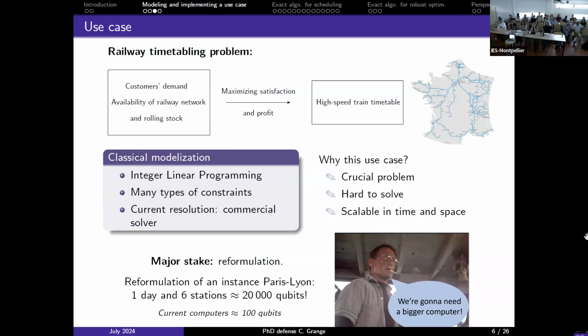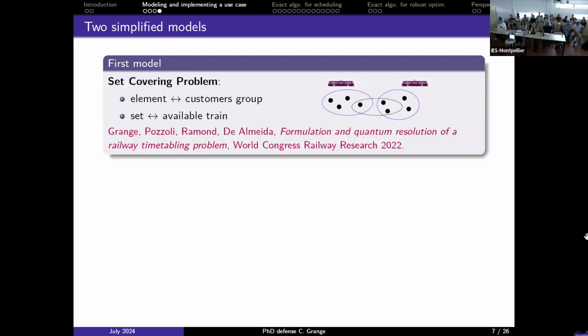This is why we had to simplify it into 2 models. The first one is the model of a set covering problem, where each element is a customer group. A group gathers customers that have the same demand on the network, and a set represents an available train. So we want to minimize the number of trains and cover all the customers.